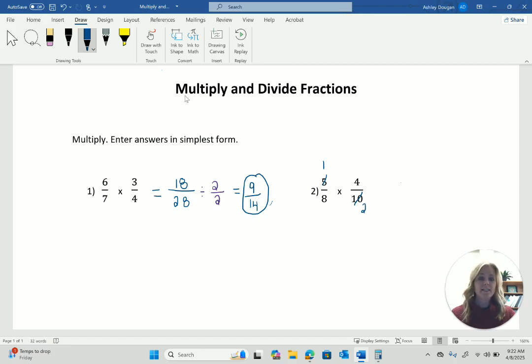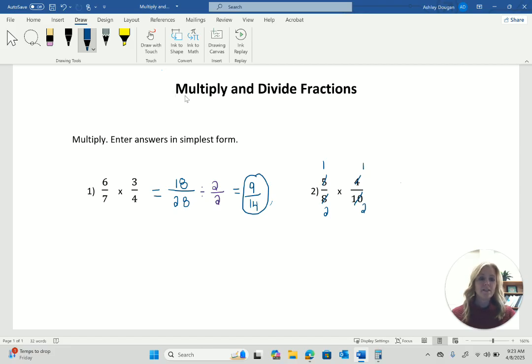But in this case, I can. I'm looking at 8 and 4, and they have a common factor of 2 and also 4. So I'm going to go with the bigger number. 4 divided by 4 is 1. 8 divided by 4 is 2. So I take my common factor 4 and I divide each one by 4. So these are my new fractions.